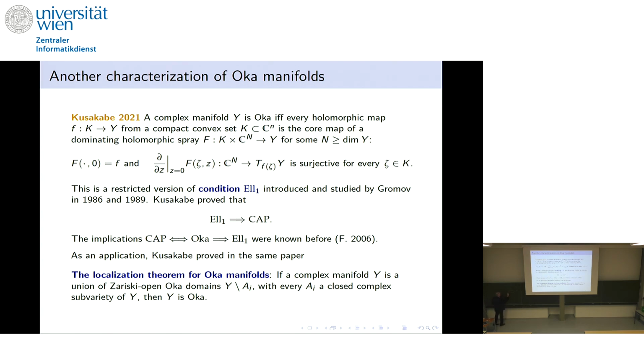So I can build a kind of partially dominating spray. It's dominating at each point which doesn't go to A. And then I continue. I take this as my new base map, and I take another subvariety, and again I add to it some dimensions and extend. So after finitely many steps, I can actually get domination.